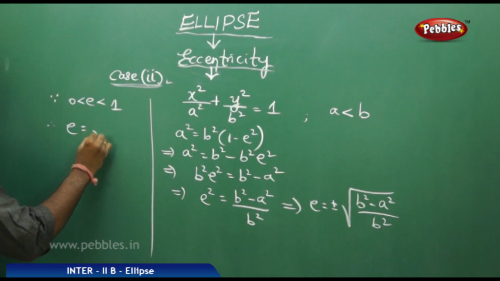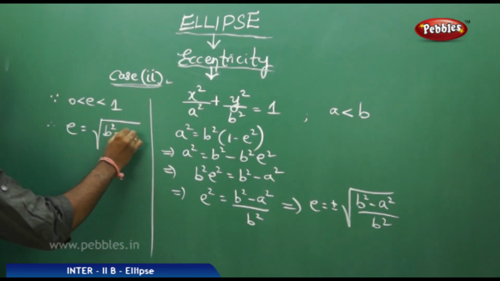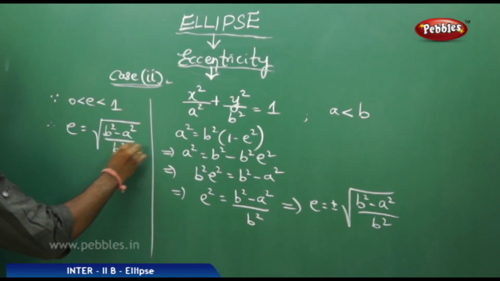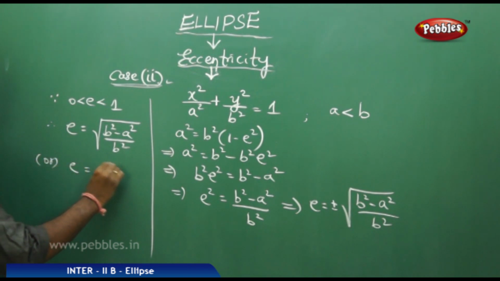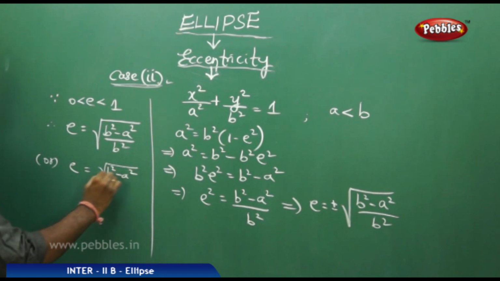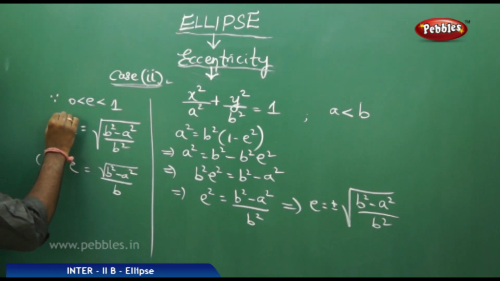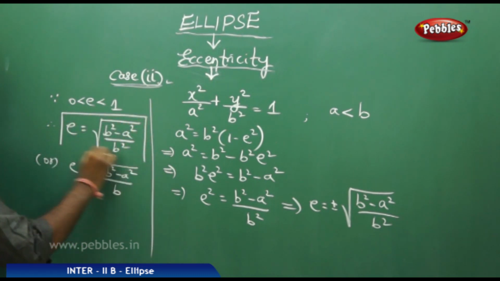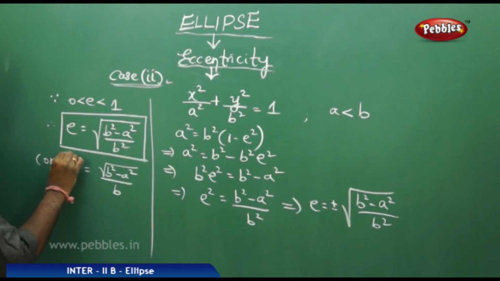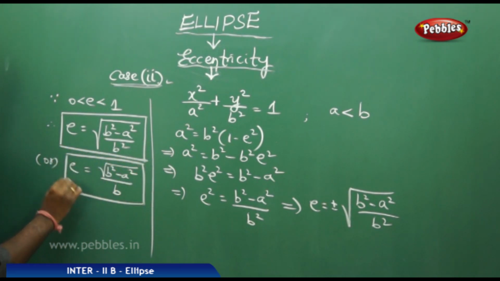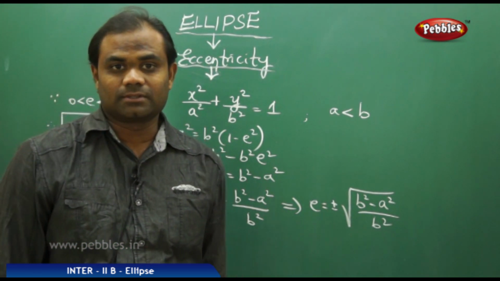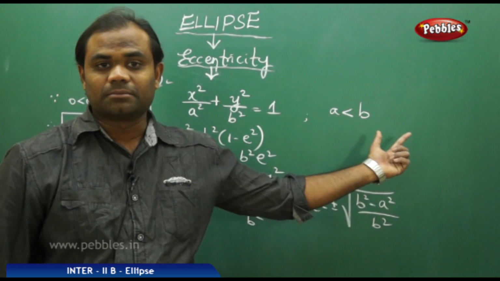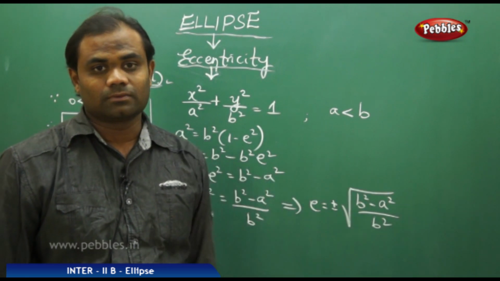Therefore, e is root of b square minus a square by b square, or e is root of b square minus a square by b. This is how I get the eccentricity formula connected with the equation of ellipse, with a less than b as case 2 of the formula.